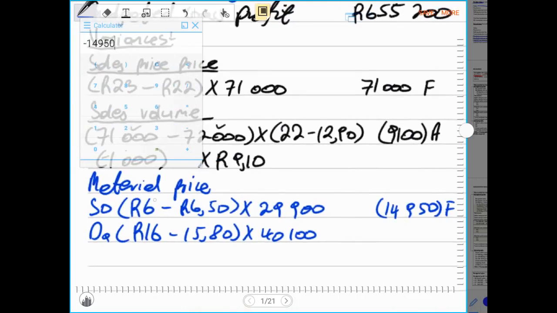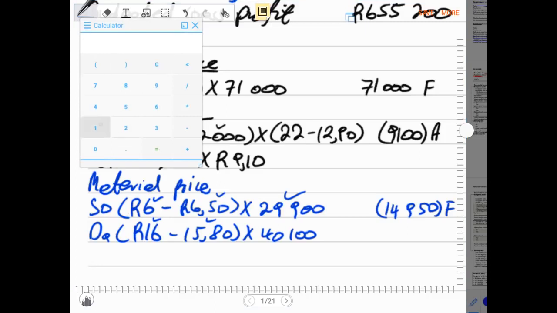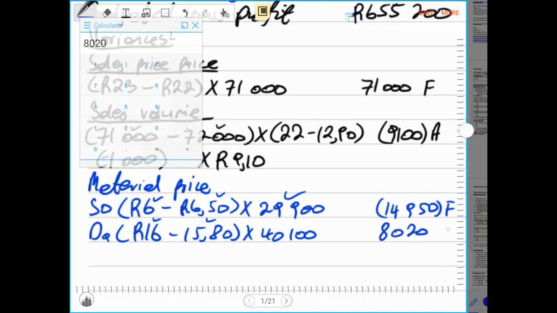We estimated to buy material at 6 Rand, but we bought it at a higher price. Then we estimated to buy material at 16 Rand, but it was actually bought at 15 Rand 80 cents, that is favorable. 16 minus 15.80 gives us 20 cents, times 40,100, which is 8,020, a favorable variance.